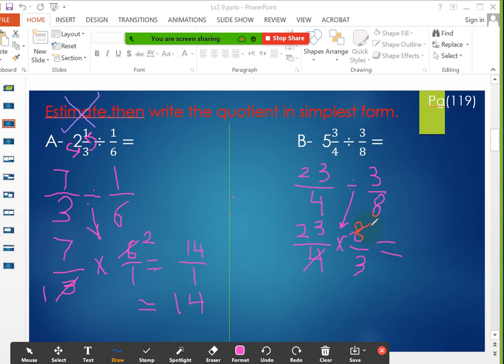So this 8 can be divided by 4. 8 divided by 4 equals what? Equals 2. And 4 divided by 4 equals what? 1. Thank you, very good. Now, is there any greatest common factor between 23 and 3? No. So I want to multiply 23 with 2. 23 multiply 2 equals what?